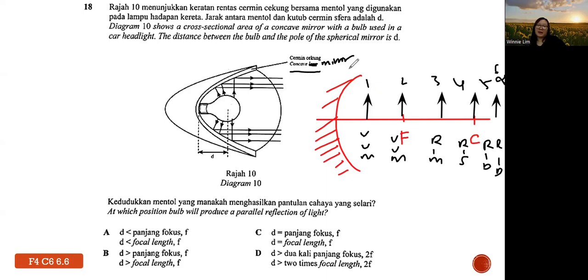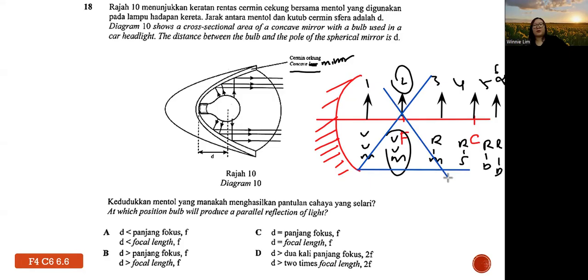Okay, so the idea of how case 2 produces a parallel ray is that any ray that cuts through the focus point, okay, for example, now teacher will show you straight away. Any ray that cuts through the focus point will become parallel.